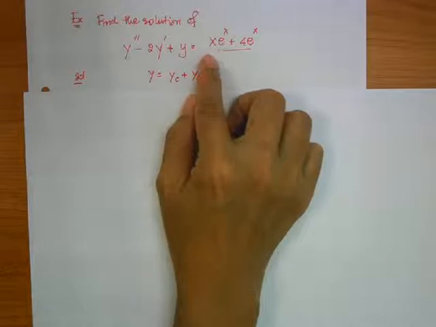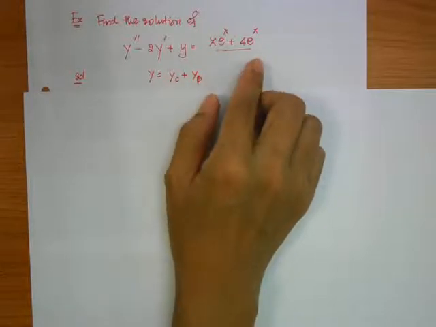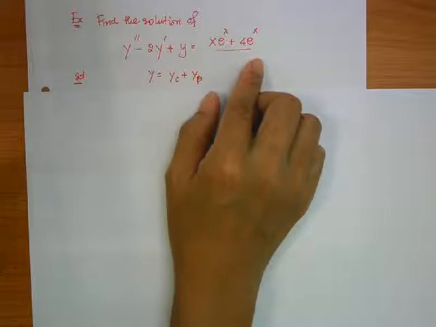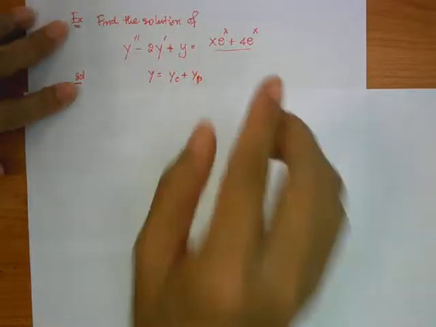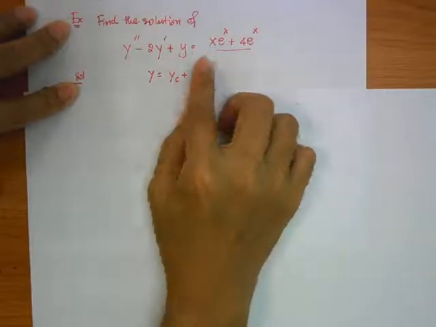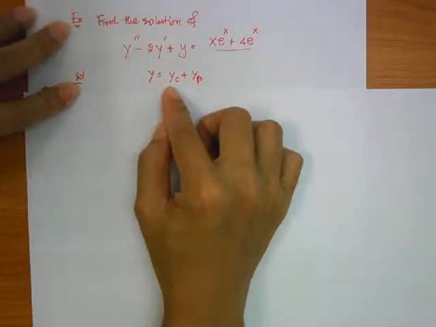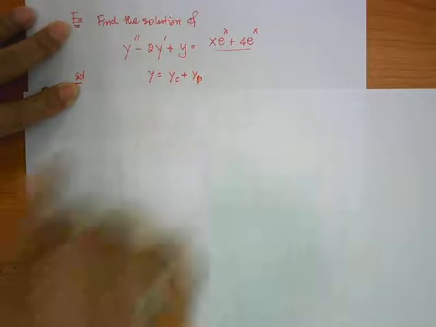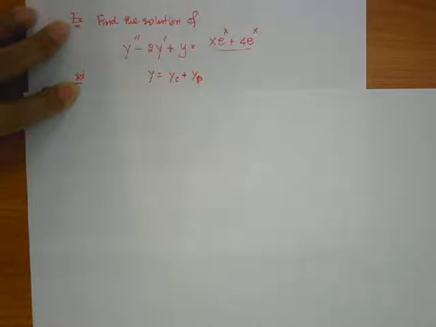The first one is for x times exponential of x, and the second one is exponential of x. Now, before we go to that, we got to find YC first, right? With this method, no matter what, you have to find YC, because you see the set, then you got to compare it with your YC whether it's the same function.